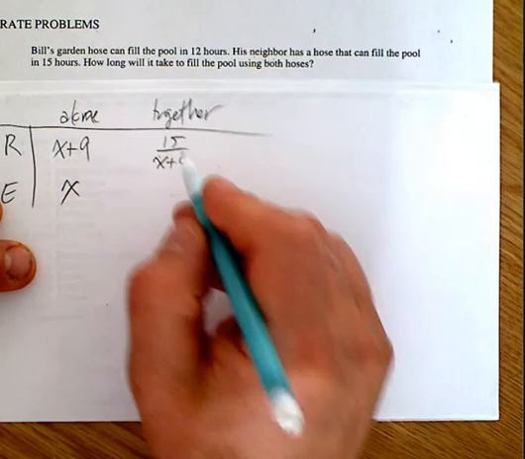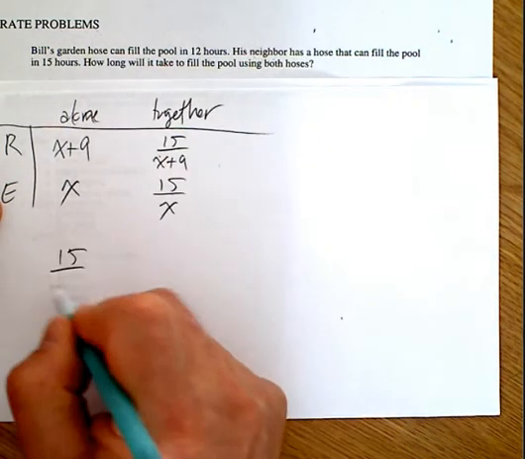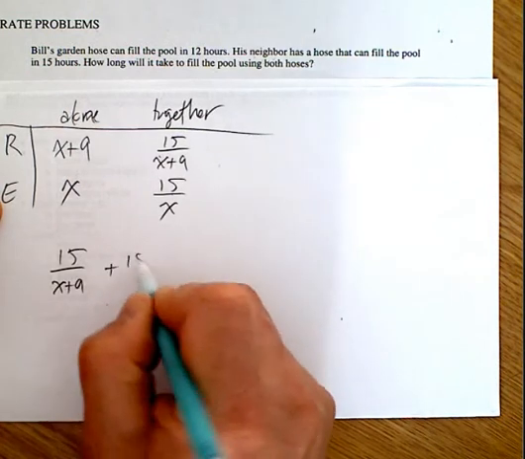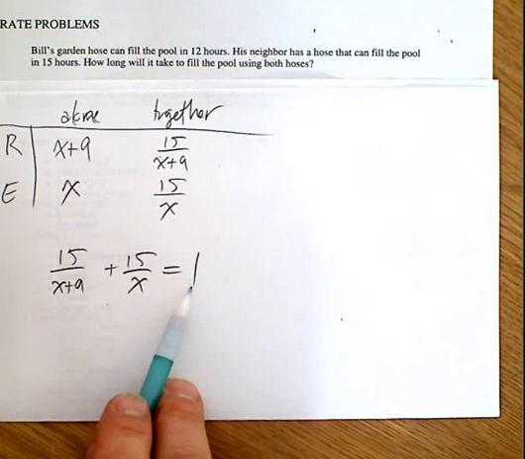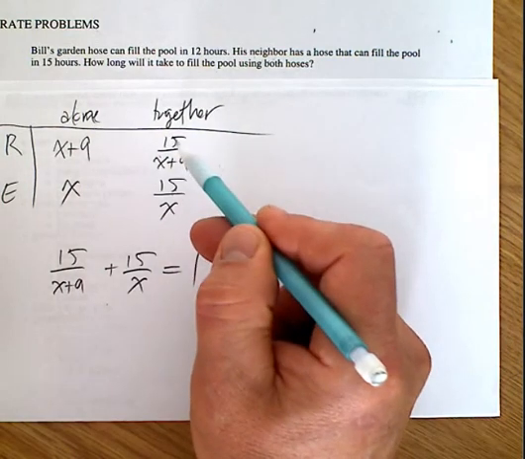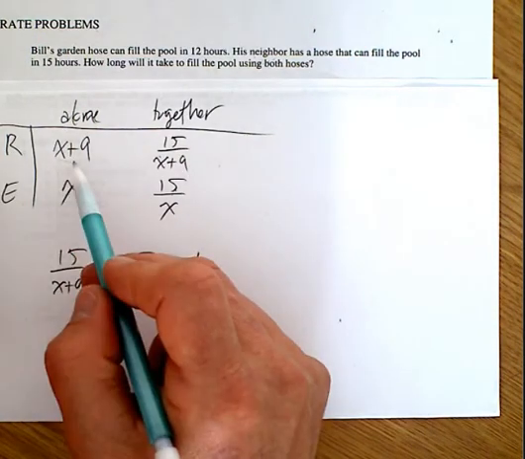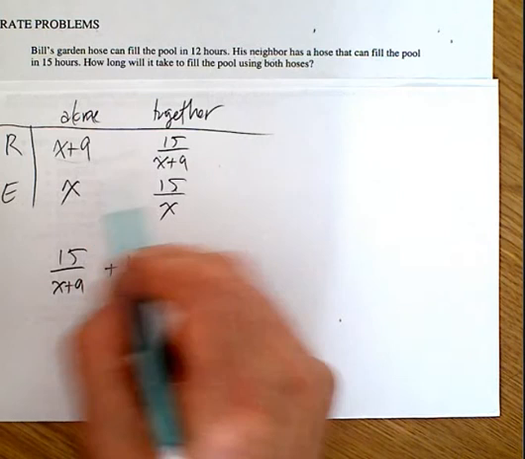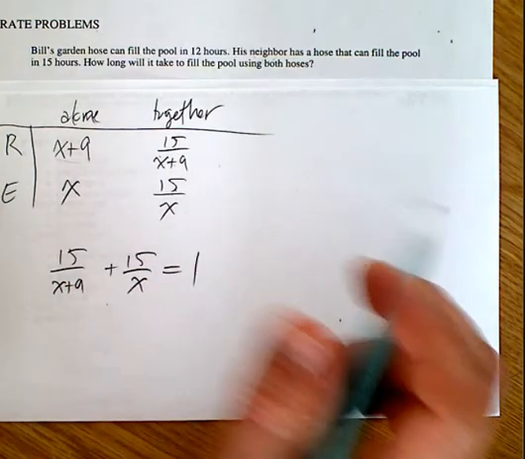So it depends on how much time it takes each of them to do it. But what we end up having, again, is a total of 1. That's 100%, right? So after 15 hours, they've done 15 whatevers, depending on how long it took them. Say it took them 20 hours, it'd be 15 20ths. But anyways, hopefully you get the idea.